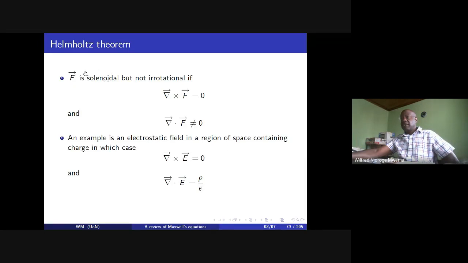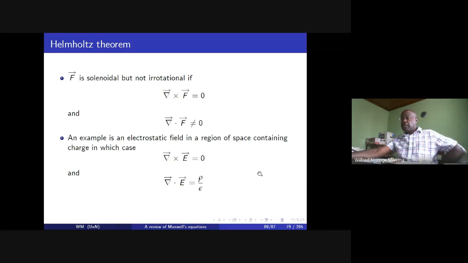This is not correct here; it should be irrotational here, and this is rotational. And we see that the divergence of E is equal to the free volume charge density in the region of space divided by epsilon.